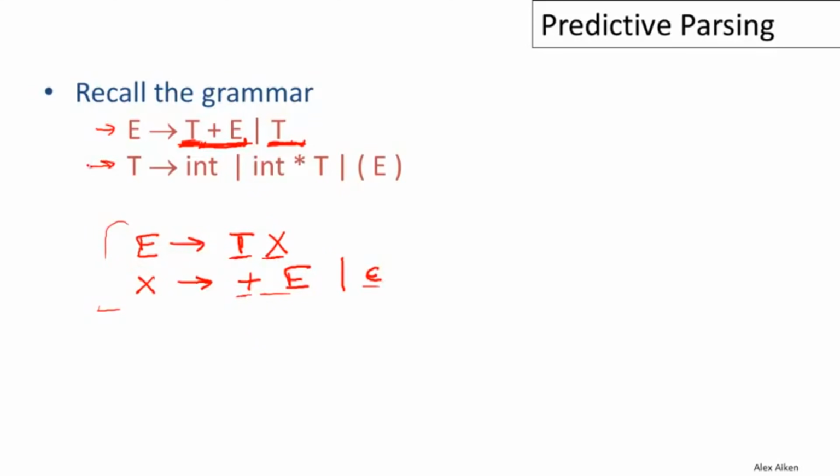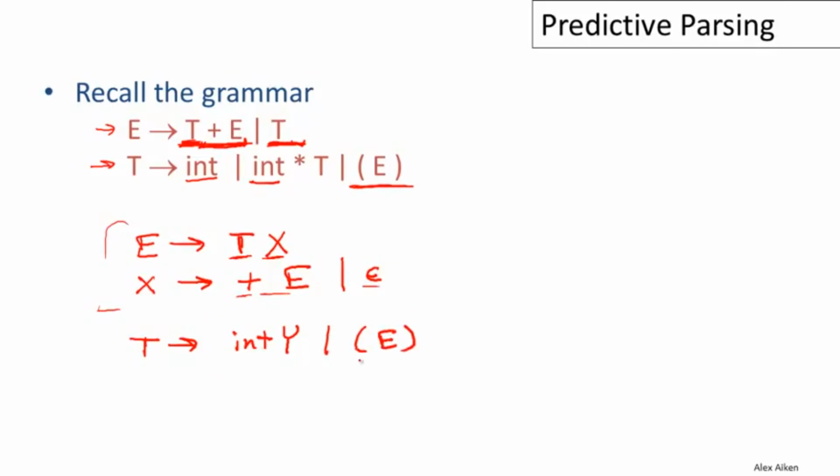Let's do the other set of productions. So we have T goes to, and now the common prefix is int that we want to eliminate. So we're going to have just one production that begins with int, and then we'll have a new non-terminal to stand for the various possible suffixes. And here we also have another production that doesn't have anything to do with int, and so we just leave that one alone. That production just stays here.